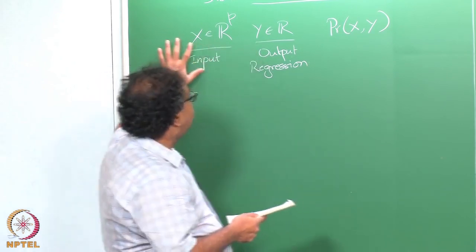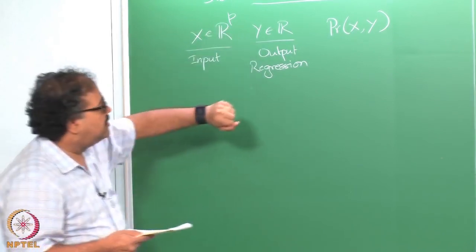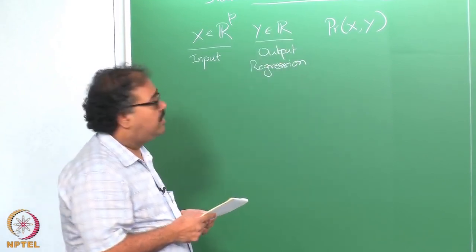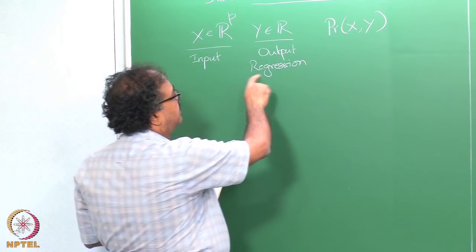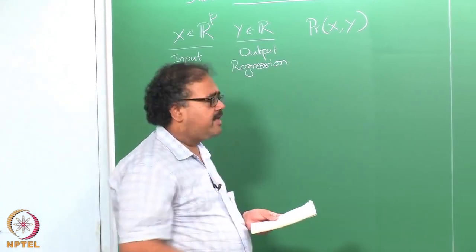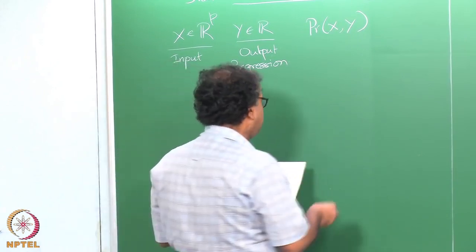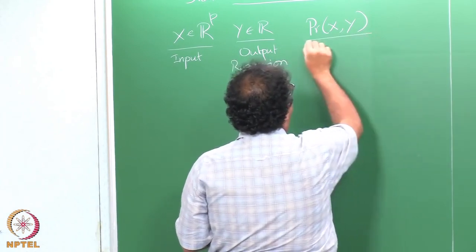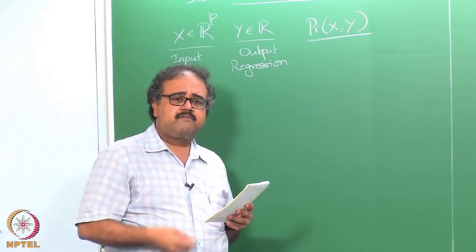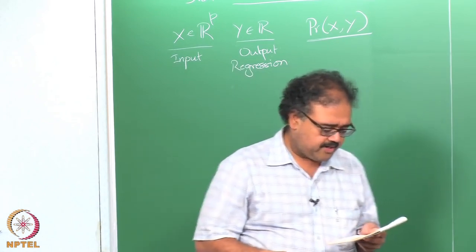So the input x is drawn from a p dimensional real space, and the output y is drawn from the real numbers, in the case of regression. In the case of classification, which we will see a little later, the output will come from a discrete space. We will also make an assumption that the data comes to you from some kind of joint probability distribution.